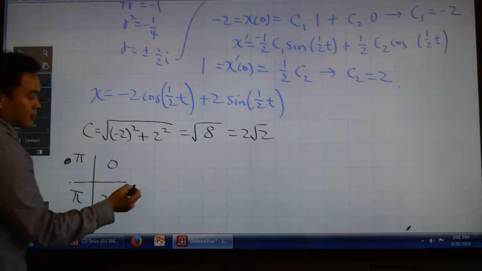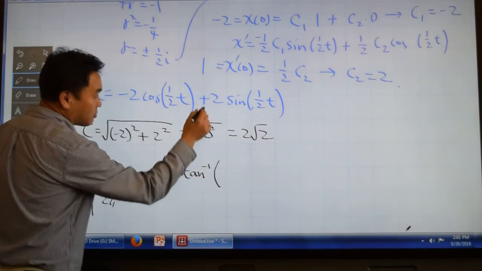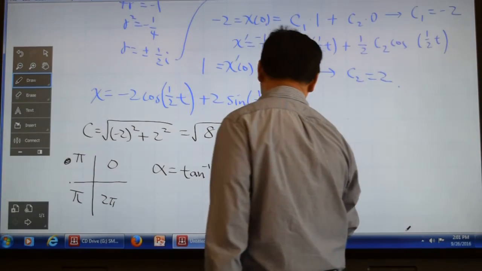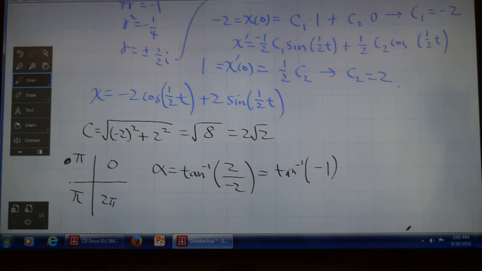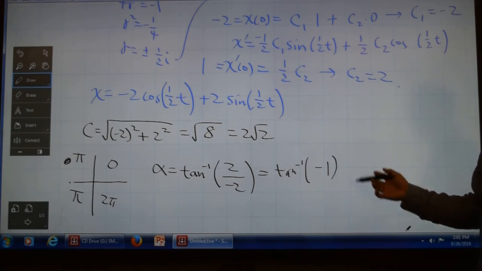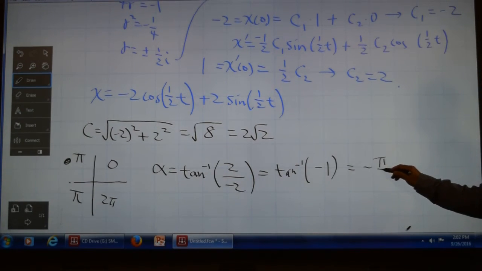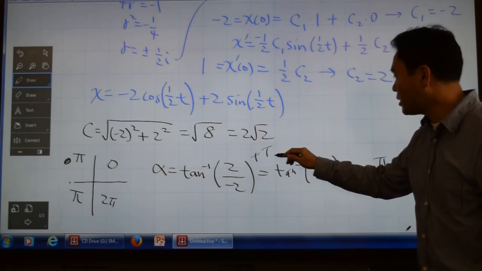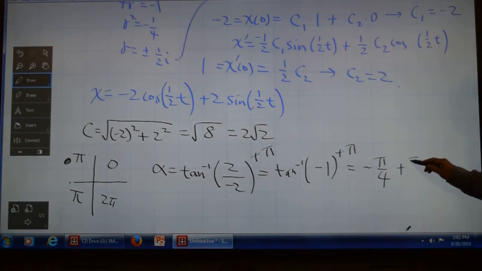So angle alpha is the inverse tangent of B over A, which is the inverse tangent of -1. You can use your calculator to calculate this, and you get -pi over 4. Then you add pi because it belongs to the second quadrant, which becomes 3 pi over 4.